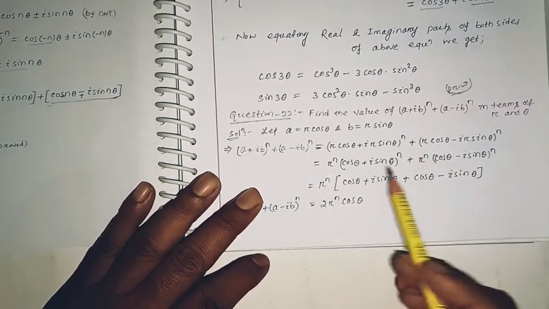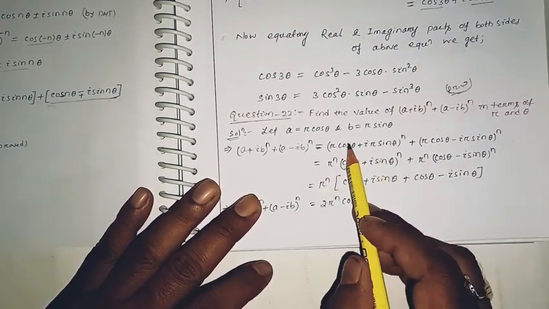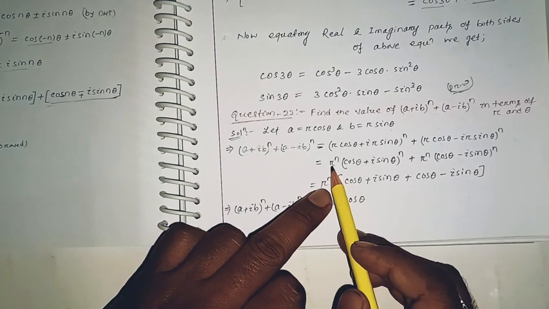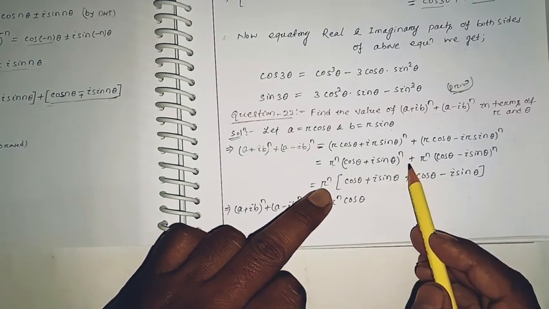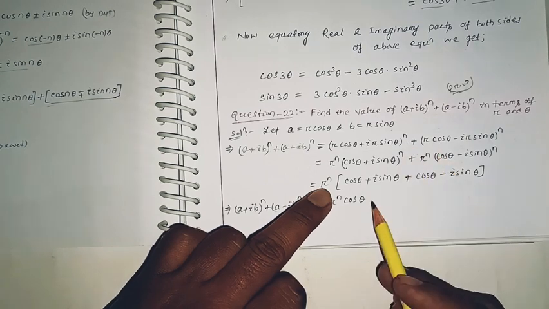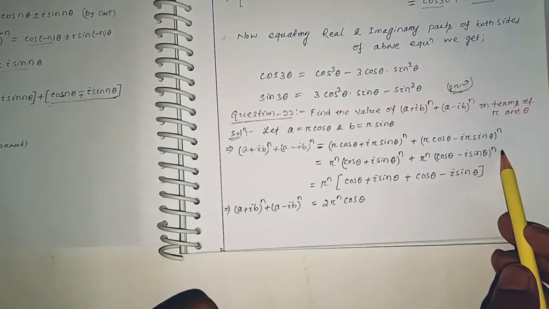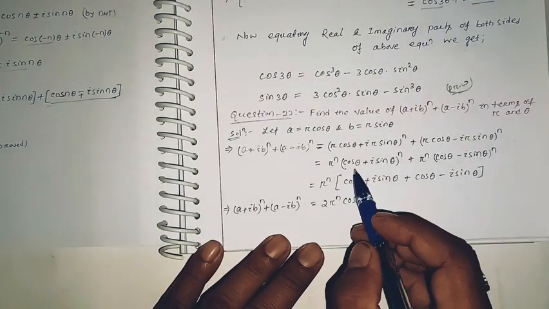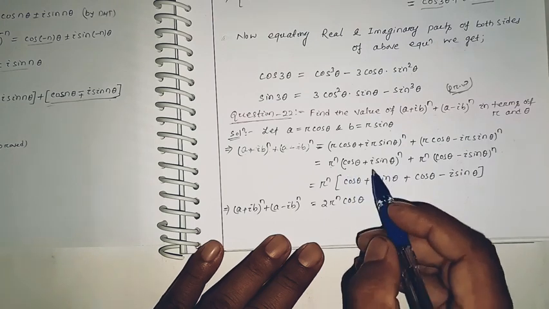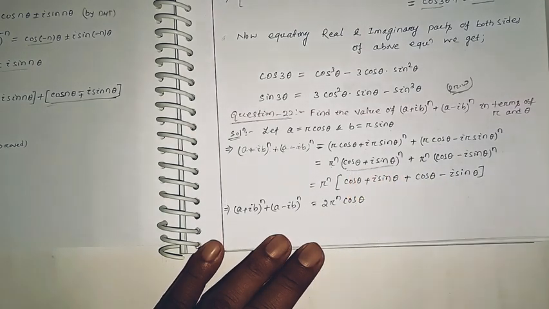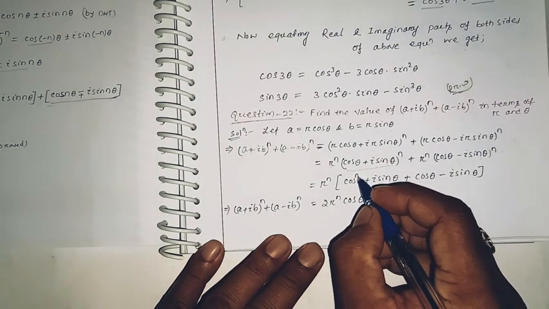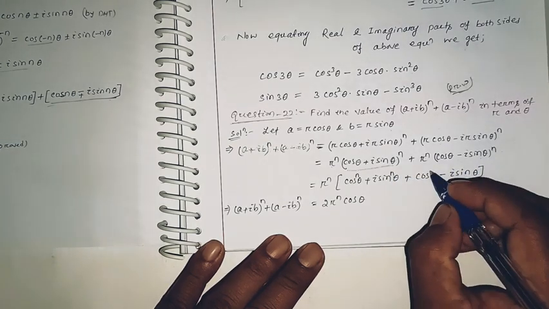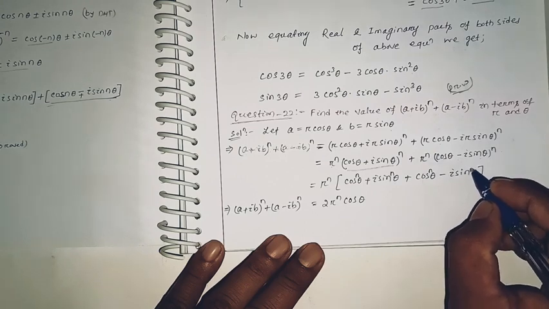Now, see here, r taken common from these two terms, means r^n will be outside the bracket, so r^n (cos theta + i sin theta)^n, plus here also r^n (cos theta - i sin theta)^n, right? Here I mistakenly wrote it, so if we use the DMT for this case, this will be cos n theta plus i sin n theta, and this will be cos n theta minus i sin n theta.